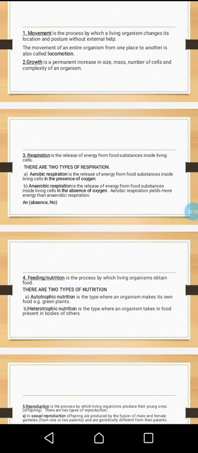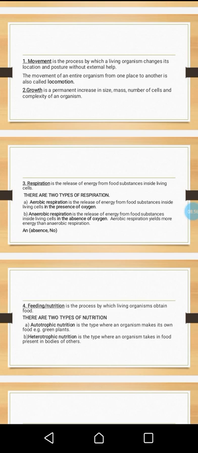Number of cells: a human being came from just two single cells, the sperm cell from a male and the egg, the ova, from the female. Those are single cells, and then they join together, they start multiplying into different types of cells, and it grows. So that is the number of cells increasing.